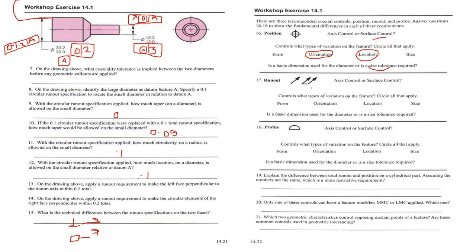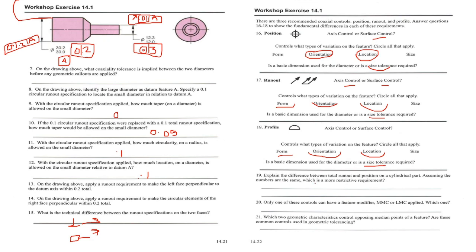Then runout, axis control or surface control? Runout controls the form, orientation, and the location as well. Is the basic dimension used for diameter, or is a size tolerance required? For this, the size tolerance is required. And the next is profile. Profile controls the form, and it controls the orientations as well as locations. And the size tolerance is required.